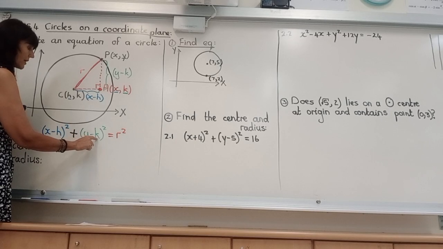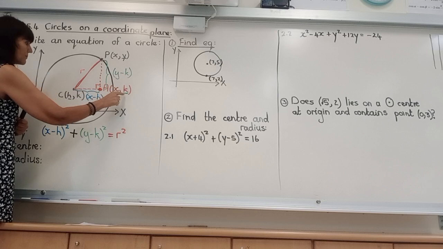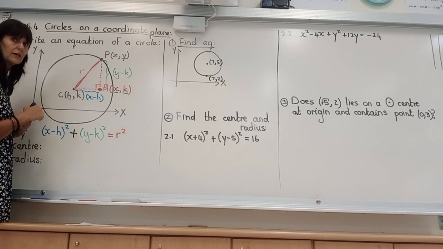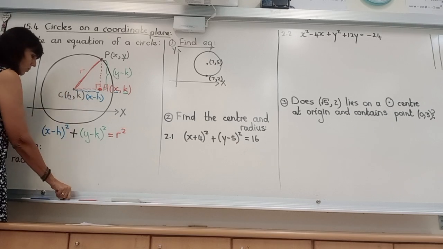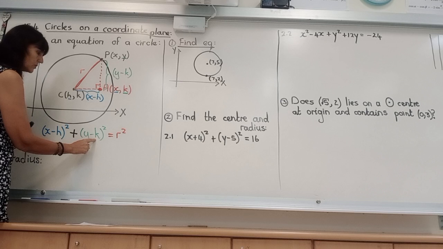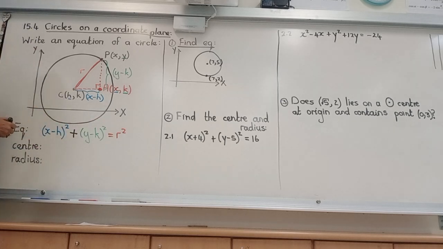Y subtract, where's k? K is the same, we got the k from here, but it's the same as the y coordinate of the center. So the y coordinate of the center minus the y coordinate of the center squared equal to the radius squared.